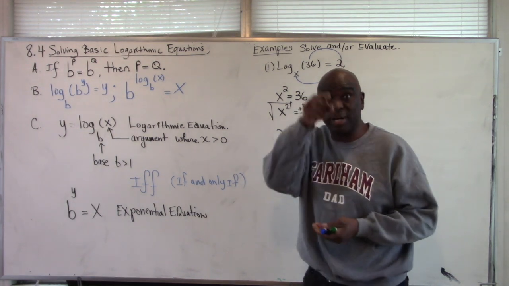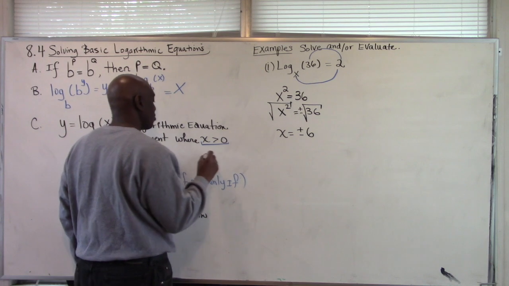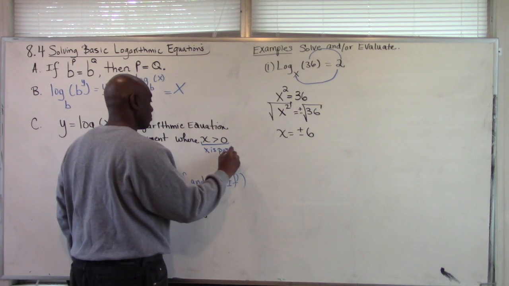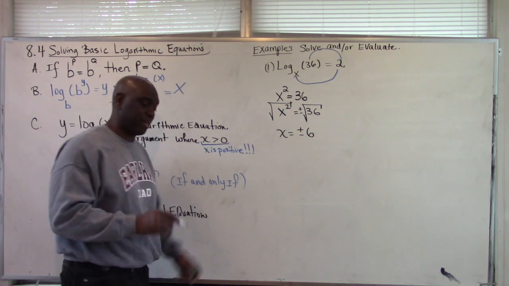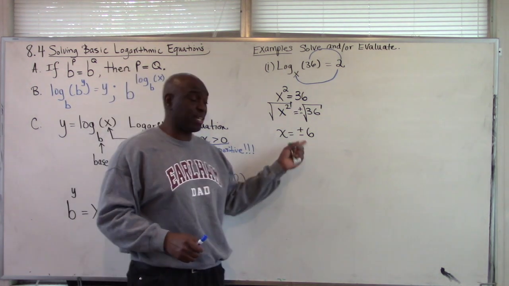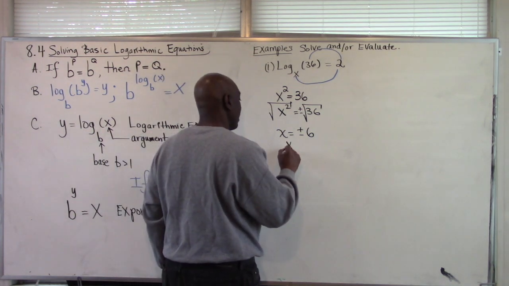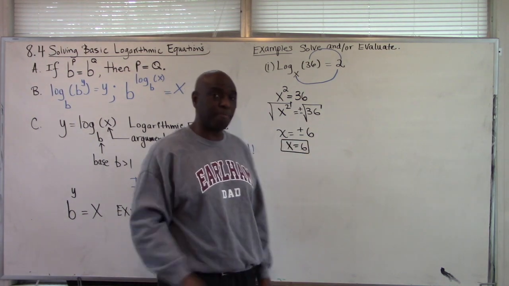This means X is positive. That's what this means. Not negative. So we can't use the negative 6. We can only use the positive 6. X equals 6. And we're done.